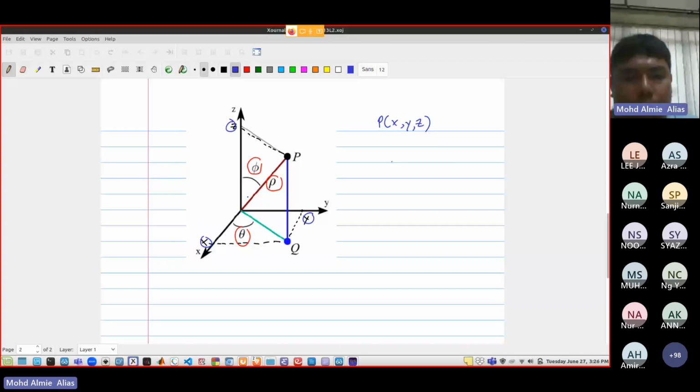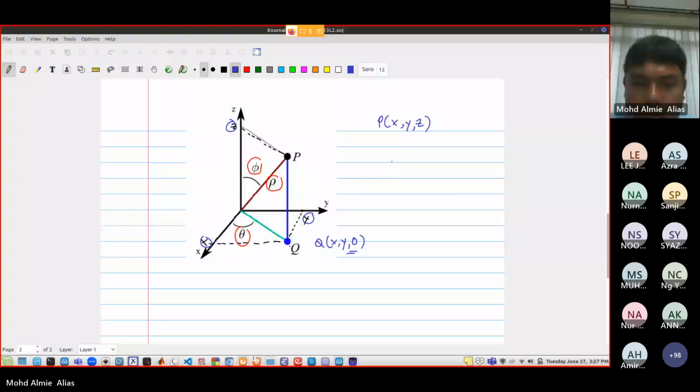Okay, and then here you have the projection of this point for theta. We give you point Q, where Q is, I can write it here, (x, y, 0) because it's on the xy plane, so it has 0 value in terms of z. From here, you draw a line and you calculate theta. This is actually not new because we've seen this in cylindrical coordinates.